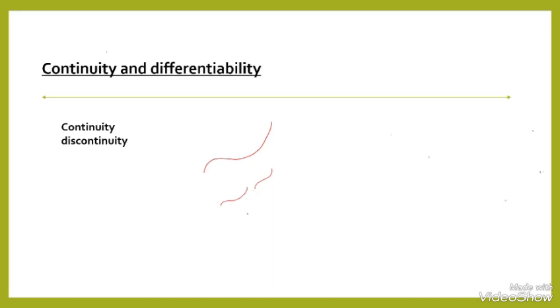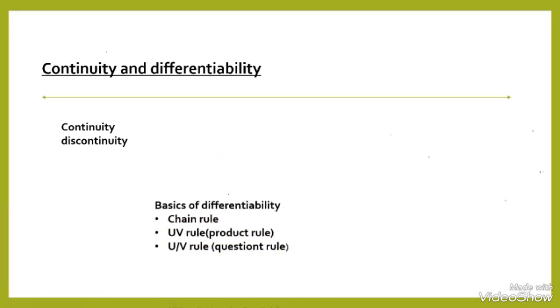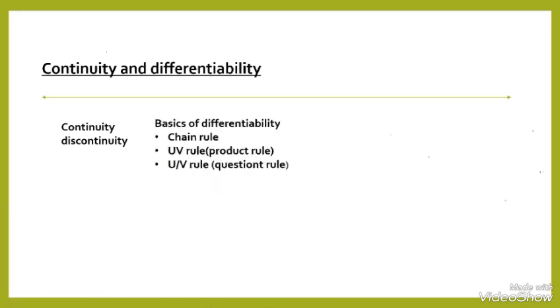Based on continuity and discontinuity, we have to solve the important 4-mark formula questions in our annual exam. The next concept is the basics of differentiability. We can solve differentiability problems based on the chain rule, the product rule (UV), and the quotient rule (U by V).